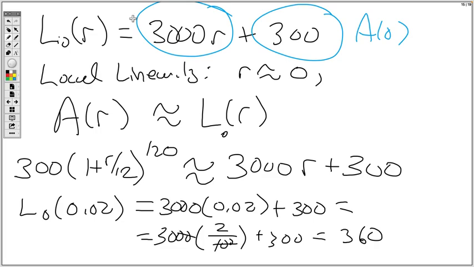Here it was 300 plus 60. So 300 was the value if the rate were 0. And then if the rate is 0.02, we started at 300 and added that $60. You with me or not?